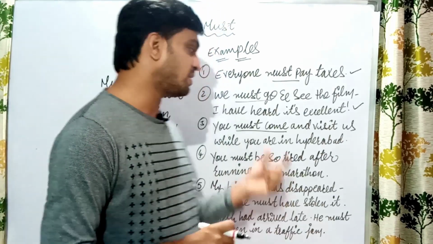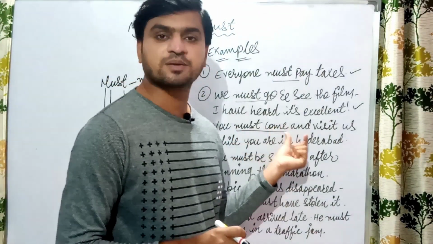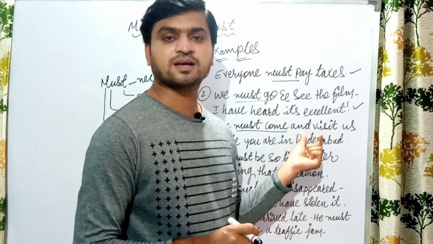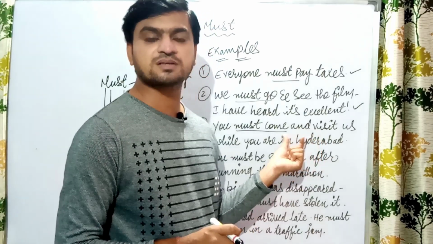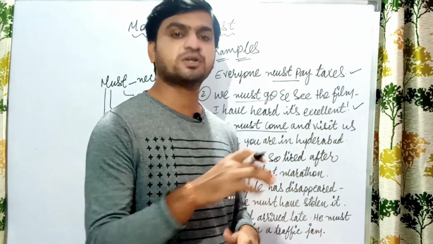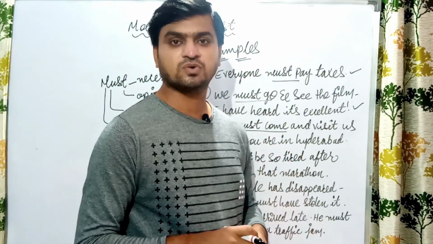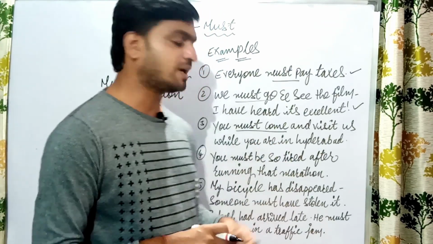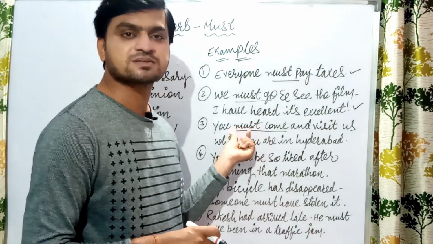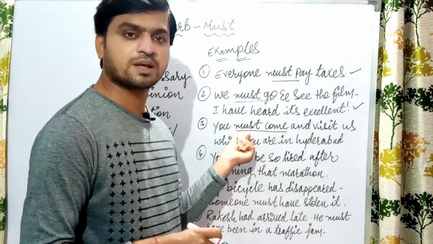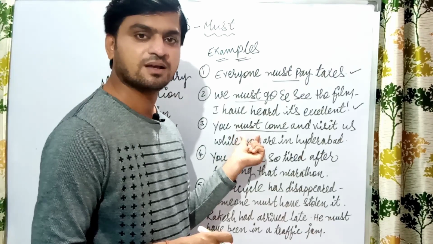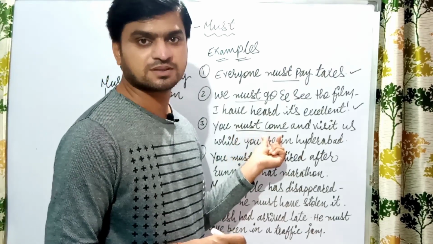So this is not a strong recommendation here. It is a kind of idea given by someone: whenever you are in Hyderabad, you can come, you can visit. So here it was an idea given to the person. It is an obligation only, but in that it is an idea given by a person.